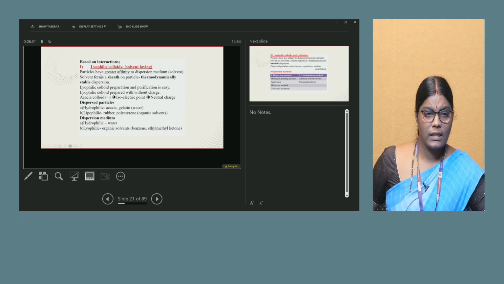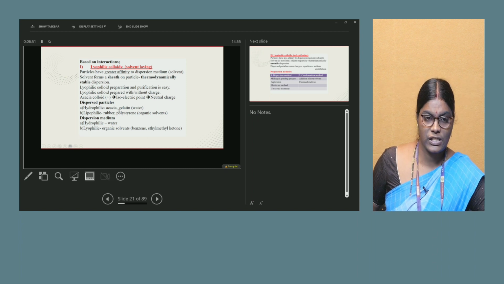Lyophilic colloids are solvent loving, you just disperse the particles in the hydrophilic media. If you want to prepare a hydrophilic colloid, take water and the required quantity of any lyophilic material, that is acacia or gelatin or any type of hydrophilic polymers, and dissolve them in the water. Just by dispersing them in the water you can prepare hydrophilic colloids.